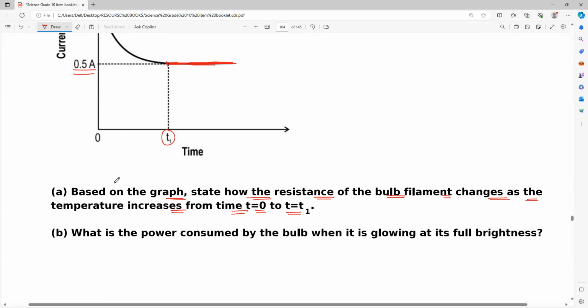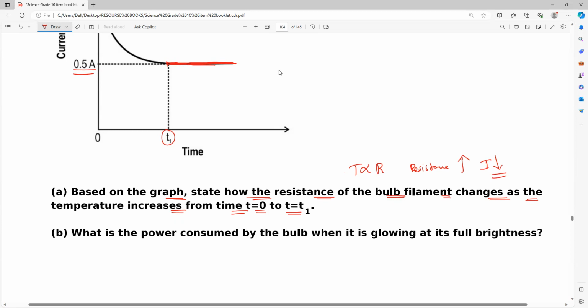Increases or decreases? Temperature increases, resistance increases. Temperature is directly proportional to resistance. So resistance increases. That is the reason. Resistance is increasing, and current is decreasing.